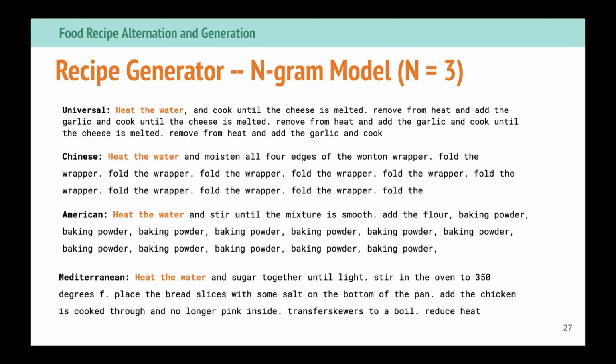Since the amount of each ingredient was ignored during the embedding training, the new recipes do not have specific amounts of each ingredient. Here are two recipe samples generated with max 50 tokens by feeding "heat the water".